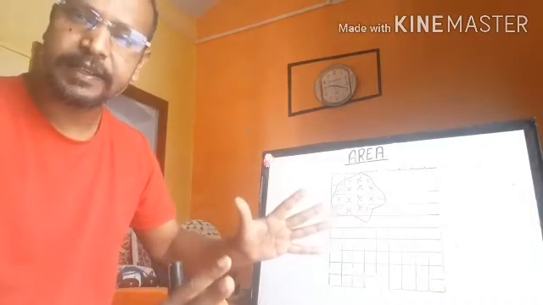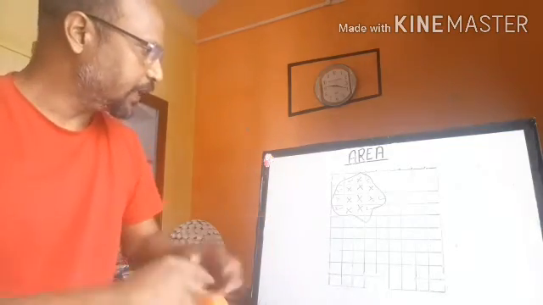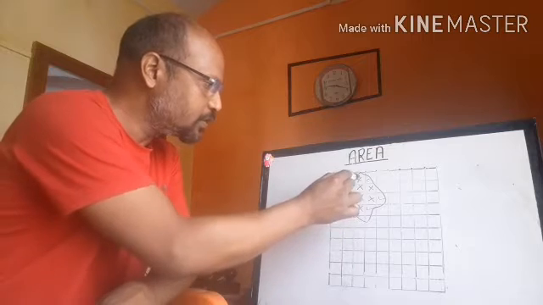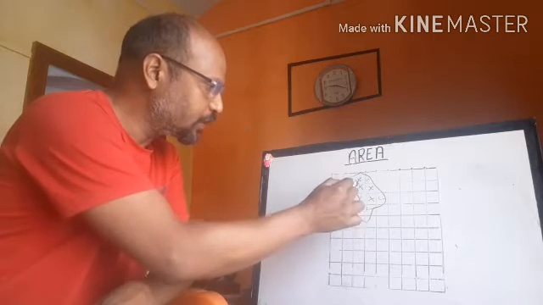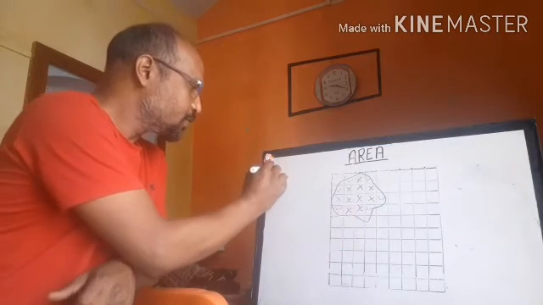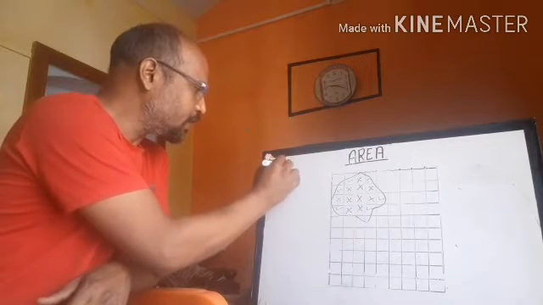The squares that have less than half, we will neglect them. So the area of this will be, complete squares are 1, 2, 3, 4, 5, 6, 7, 8, 9, 10. So here 10 squares are complete.